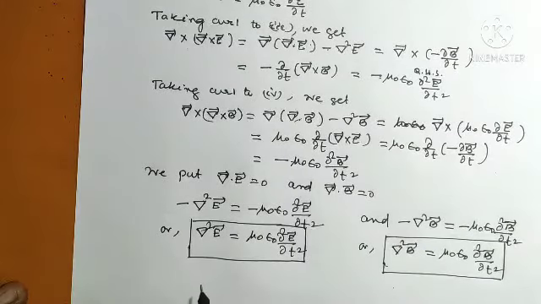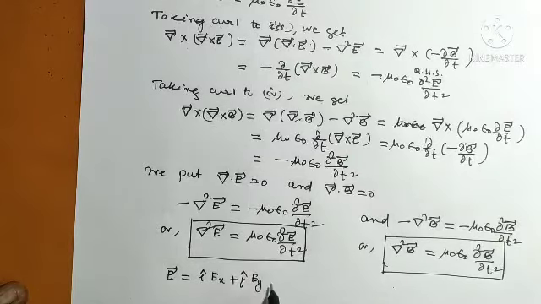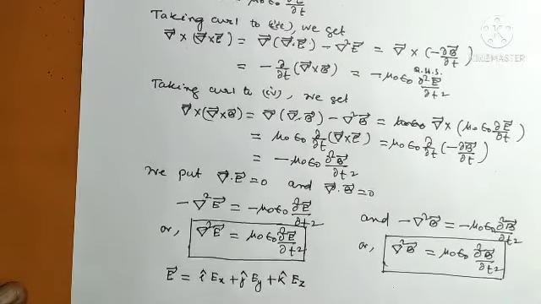Let us find the speed of electromagnetic waves. To find the speed of plane electromagnetic waves, we know that E has three components, Ex, Ey and Ez. So it can be written as i cap Ex plus j cap Ey plus k cap Ez.